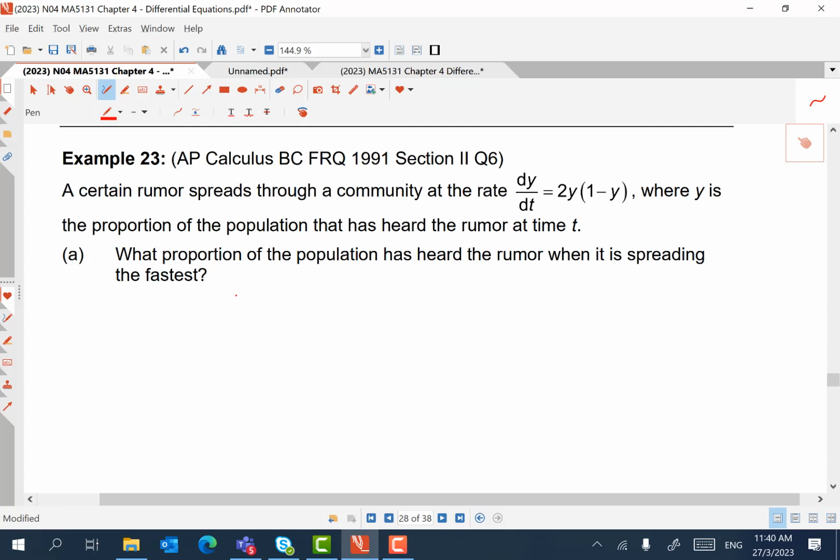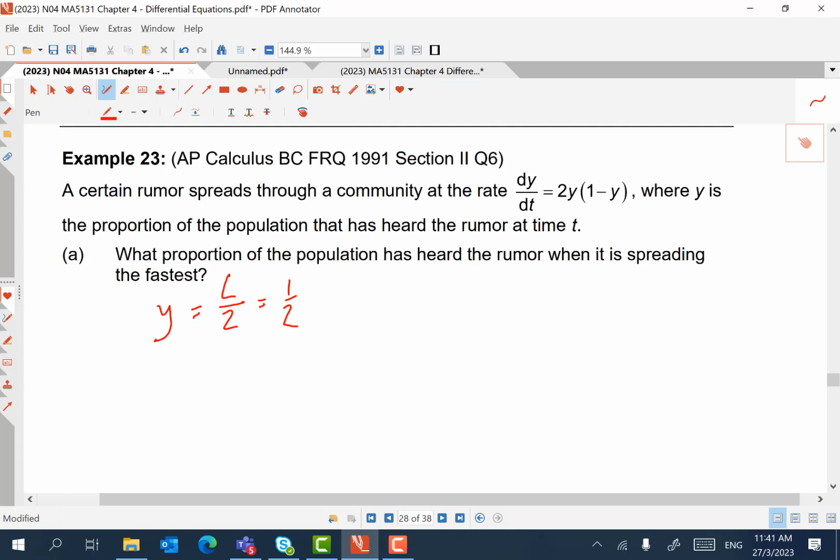What proportion of population has heard the rumor when it's spreading the fastest? And you will say that it happens at L over 2, remember? We learned just now that at L over 2, it will have the greatest gradient. And therefore, this is the proportion at y equals L over 2.